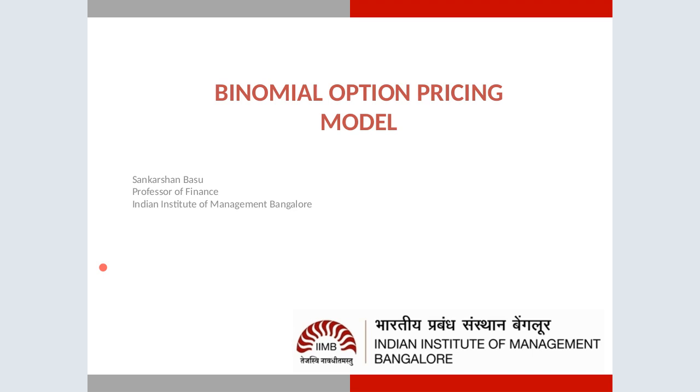Hence Fisher Black never got the Nobel Prize, but Myron Scholes and Robert Merton got the Nobel Prize for that. But before we go there, I want to show you the binomial option pricing model, and then we will talk about the Black Scholes afterwards.